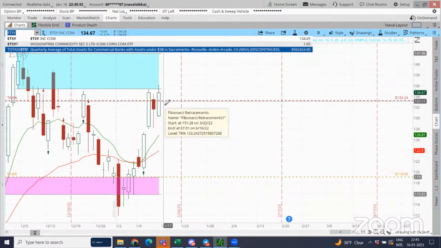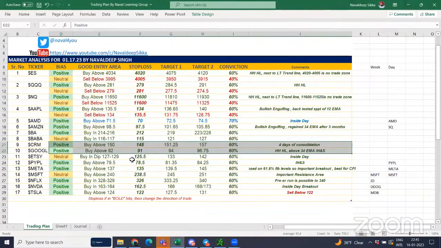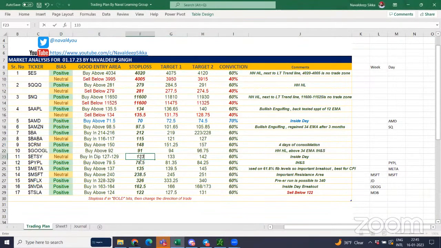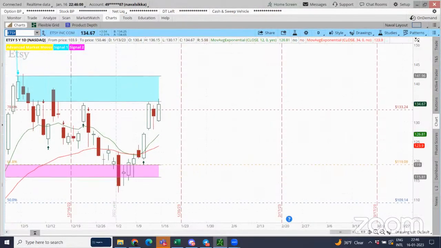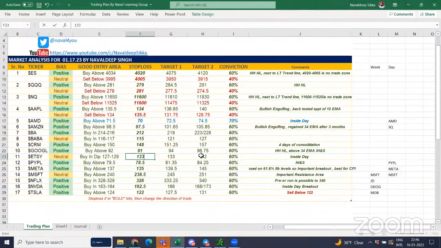So in this case, 133 should be a good stop loss. 133 target should be 142, and it seems a good mover. So 142 and 152. I will not be surprised if we can hit 142 and 152 in next few days.